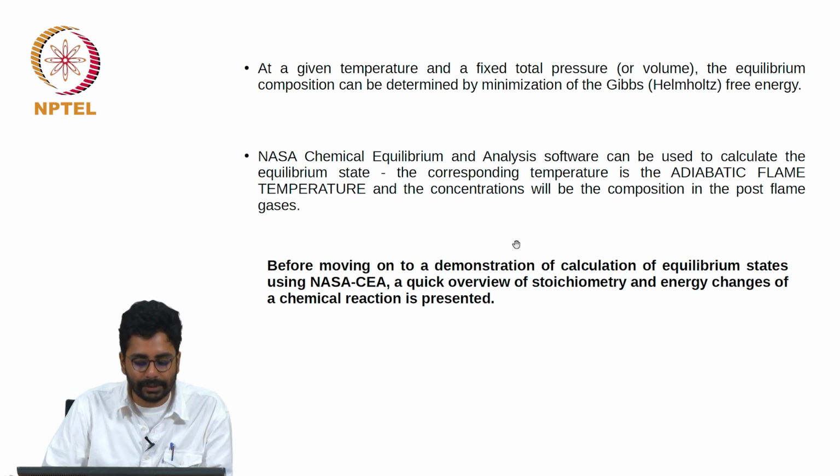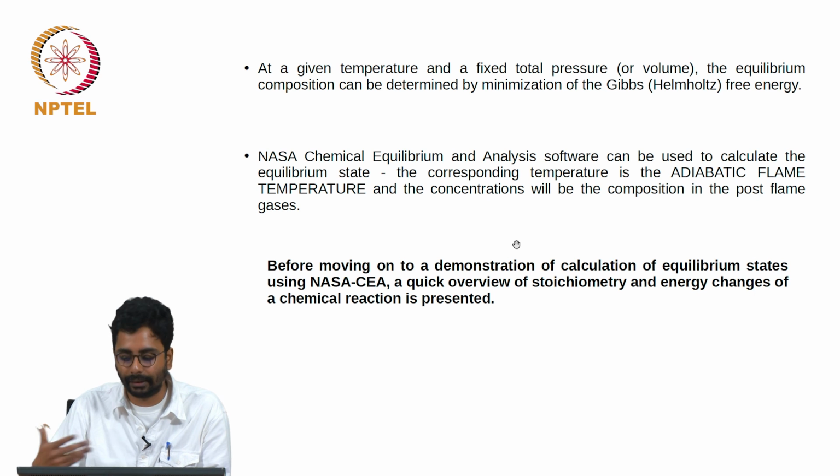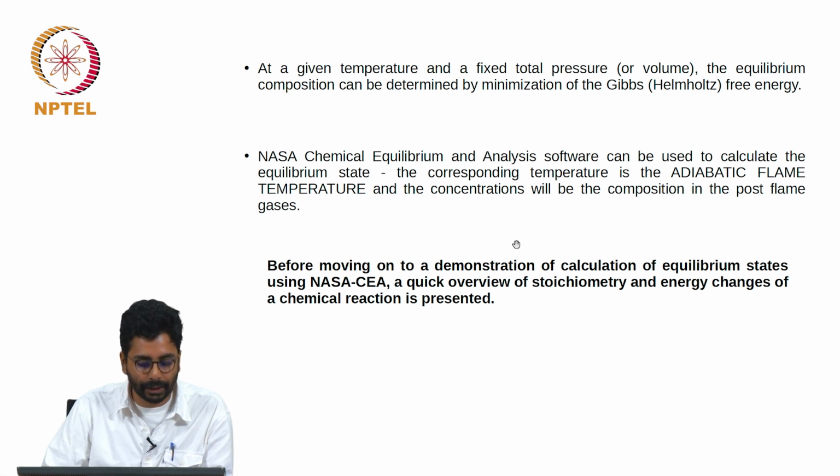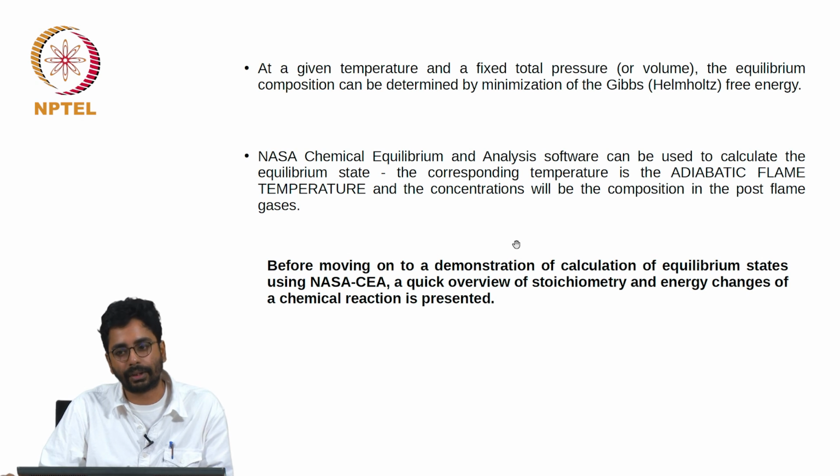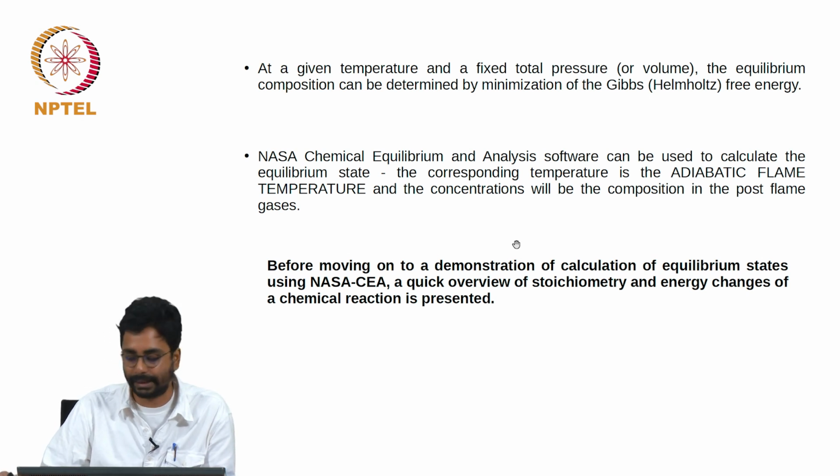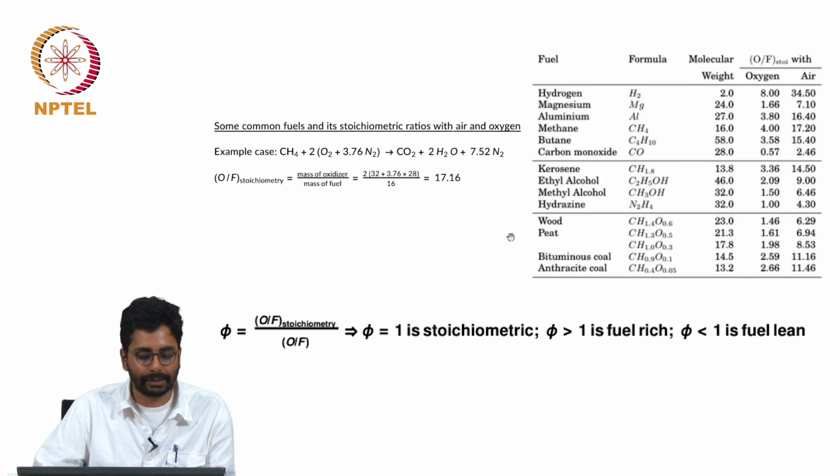We will have a demonstration of NASA CEA at the end of the lecture, but before moving on to a demonstration of calculation of equilibrium states using NASA CEA, let us take a quick overview of stoichiometry and energy changes of chemical reactions. I have taken this simple case, which many of you may be familiar with.